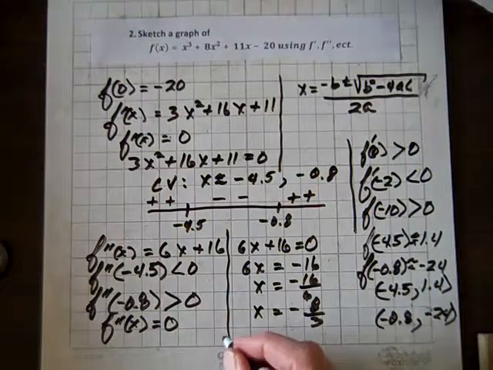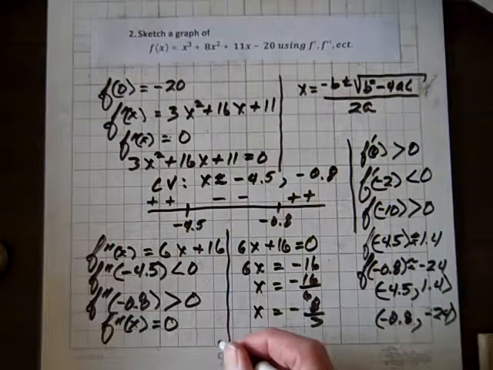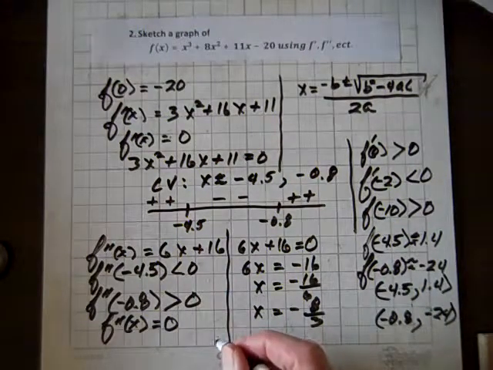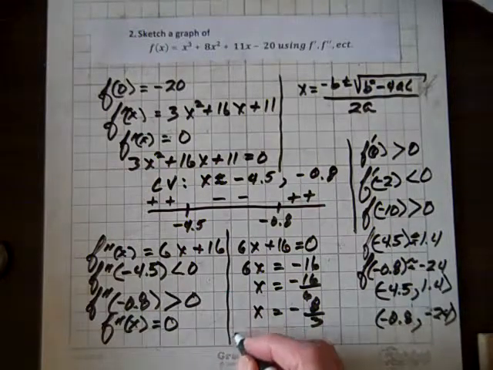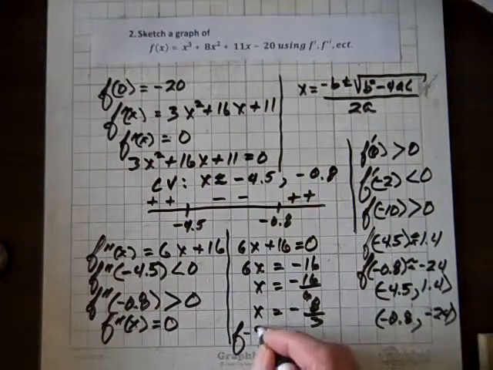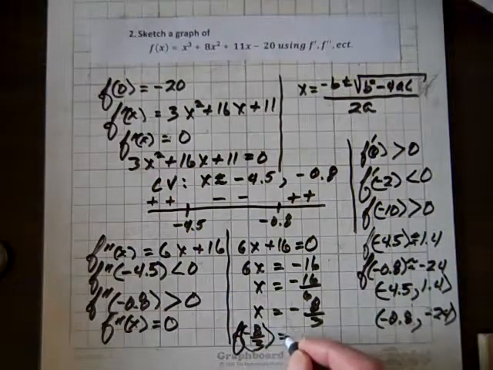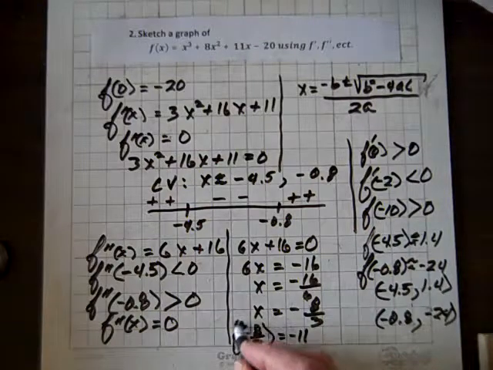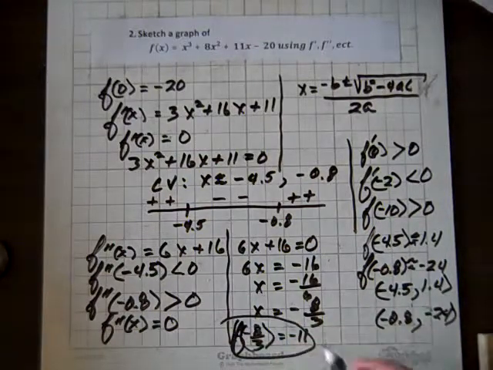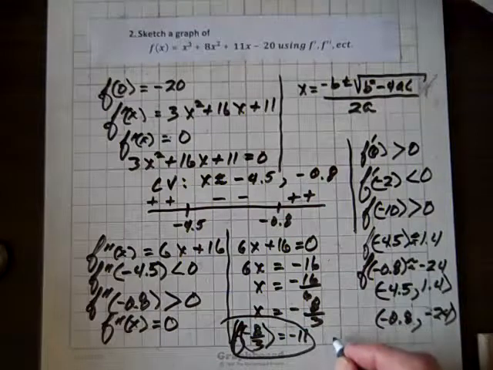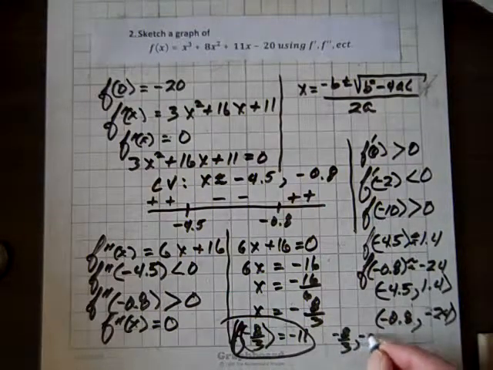And when we evaluate f of negative 8 over 3, I came up with negative 11. So our inflection point occurs at (negative 8/3, negative 11).